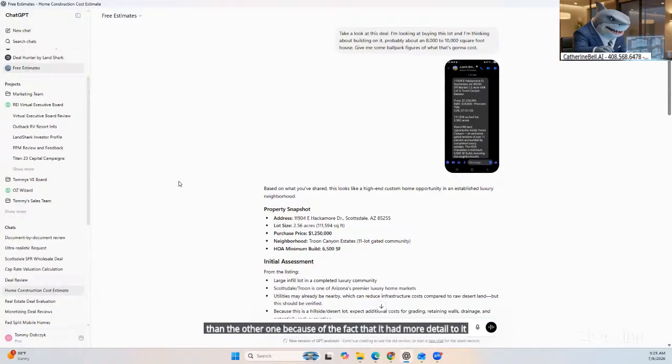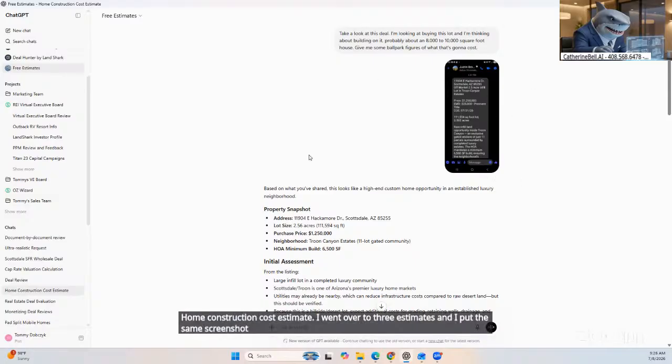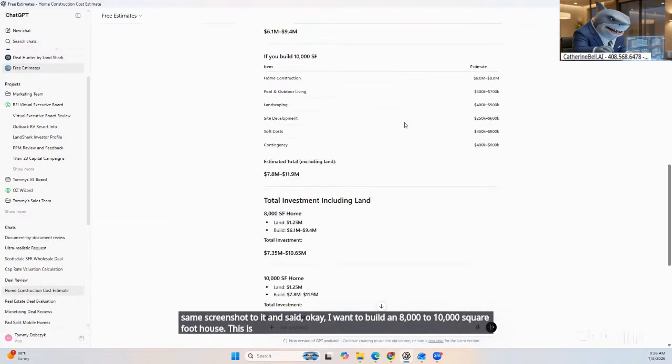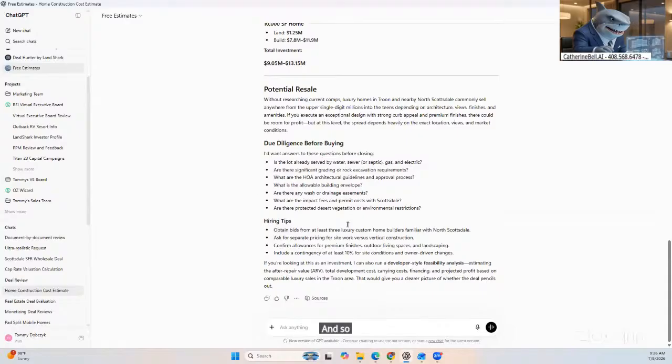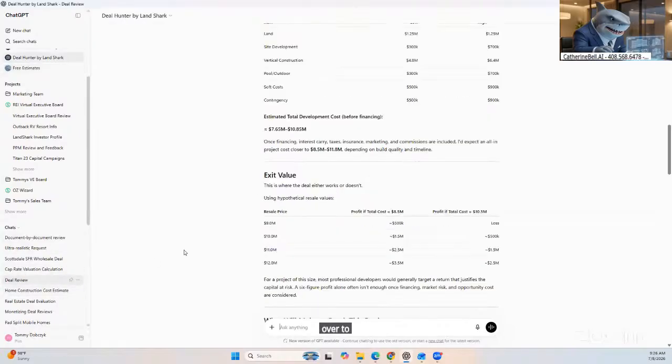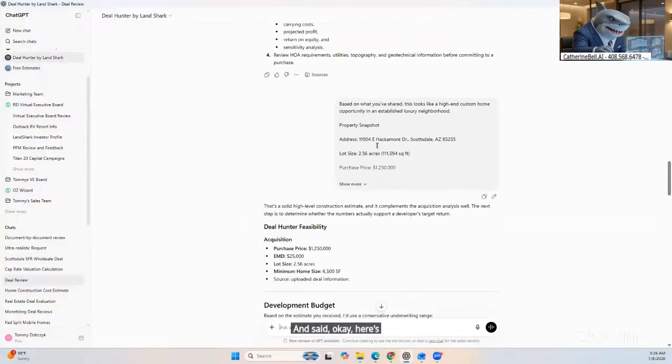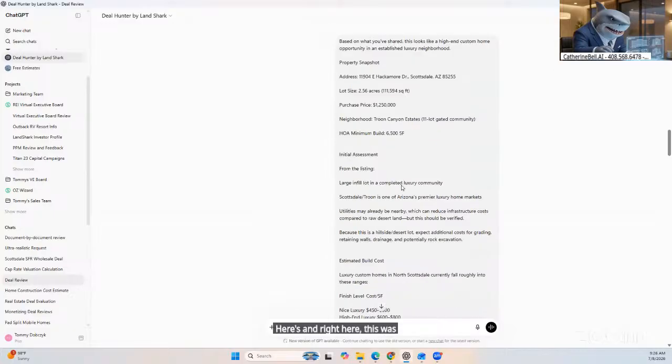When you get into home construction cost estimate, I went over the three estimates and I put the same screenshot to it and said, okay, I want to build an 8,000 to 10,000 square foot house. This is what it provided me. And then I took this back over to my deal, and right here, this is what I fed it.